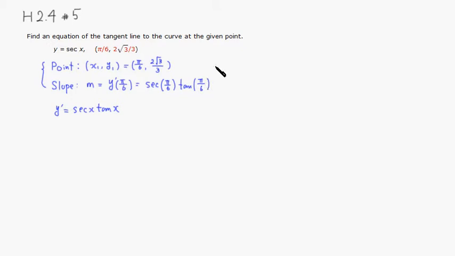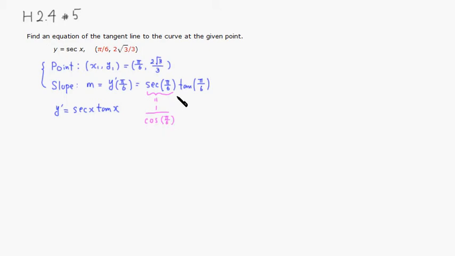All right, so let's do that. If you know that secant is the reciprocal of cosine, it's 1 over cosine of pi over 6.